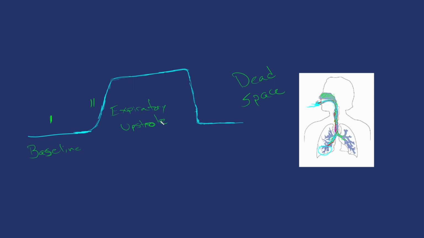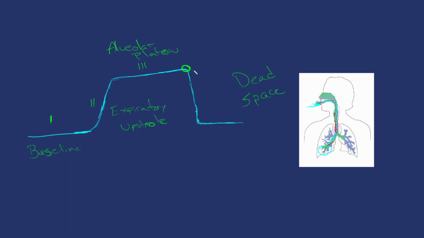When it gets to the point that it is balanced out again, so those gases are no longer mixed, now we're just getting the stuff that was down here at the bottom. That's going to be stage 3, and this is called the alveolar plateau. Alveolar plateau. And then what happens is eventually this gets to the highest point in there, and that's going to be right here.